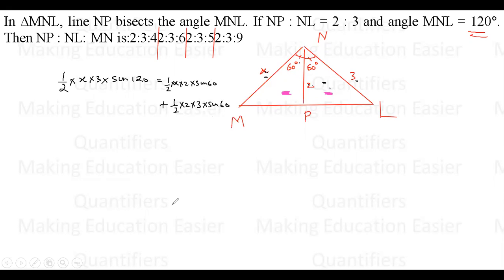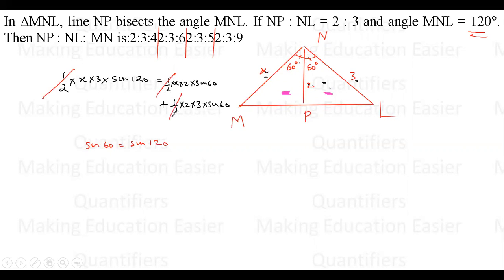That's it. Now there is only one variable which is missing. You can find its value. Now I'll tell you a shorter way here. If you are aware that sine 60 is equal to sine 120, then students, you can solve this equation within 10 to 20 seconds only, because half will get common.